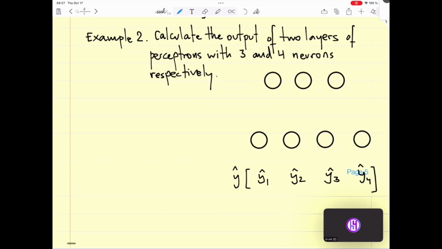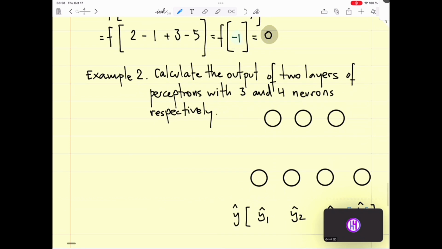So each corresponding to each neuron. And then we also have a vector here, x, being x1, x2, x3, the input of each neuron.